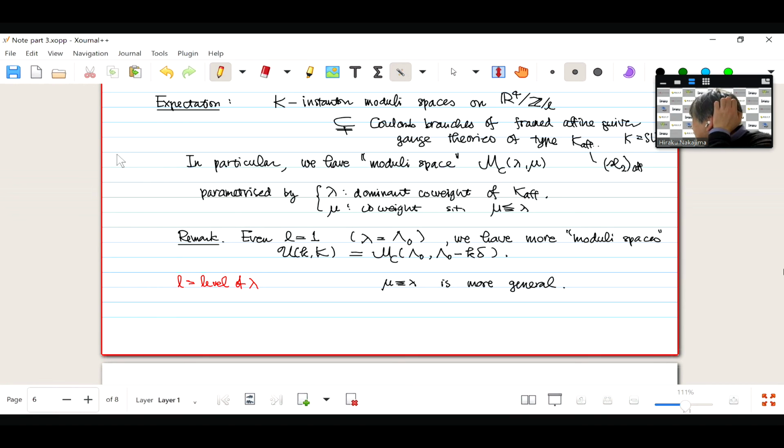Their construction is by RTT, and they must show how big it is. In some cases it is possible, but in general it is a difficult question. I'm not sure I know the status of this statement. Maybe for the affine algebra it could be known, but I'm not sure.